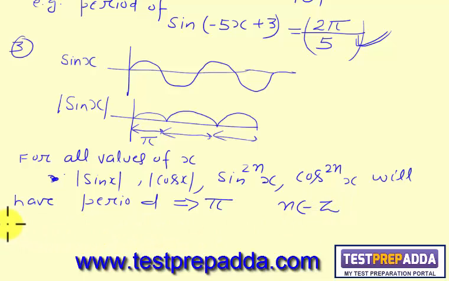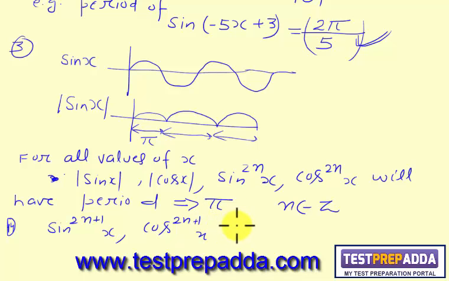Okay, now in similar manner we can define another point where we will say sine to the power 2n plus 1 x, cos to the power 2n plus 1 x. Basically, power is an odd number, while in the previous point, the power was the even number.